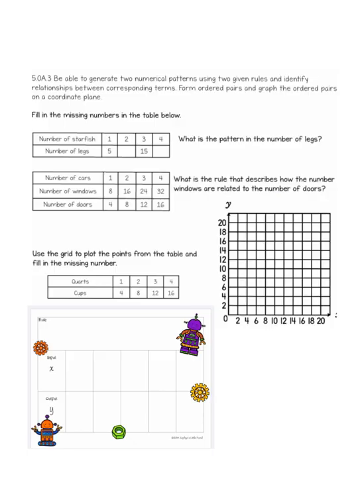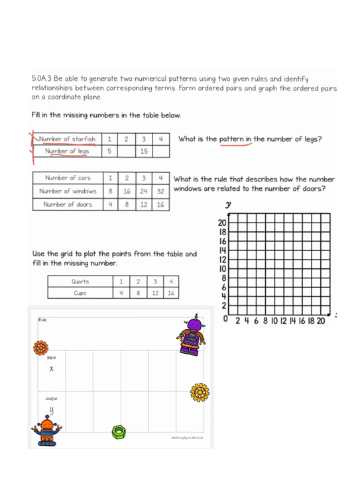Let's look at some real world examples here. First it says, fill in the missing numbers in the tables below. We're going to compare the number of starfish to the number of legs. Well, I need to figure out my rule. This is an example where my pattern or my rule is going to be multiplication. I can assume my input, my X value, is the number of starfish, and my output, my Y value, is the amount of legs.